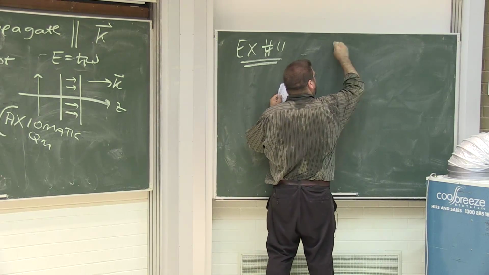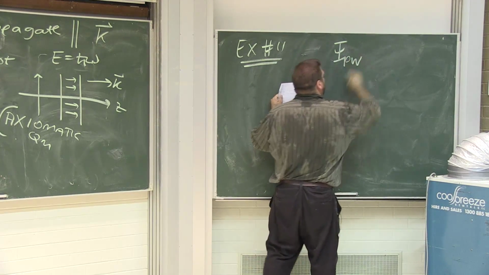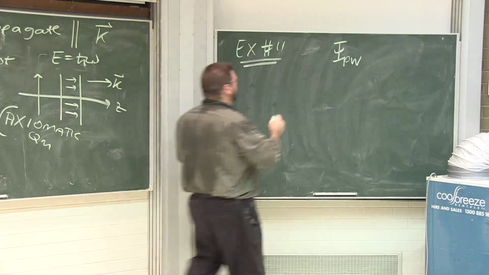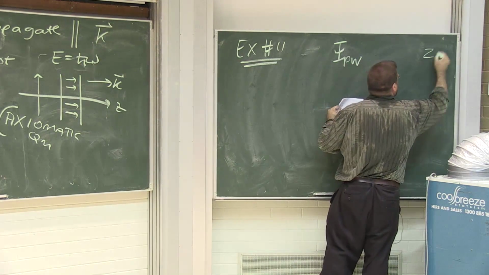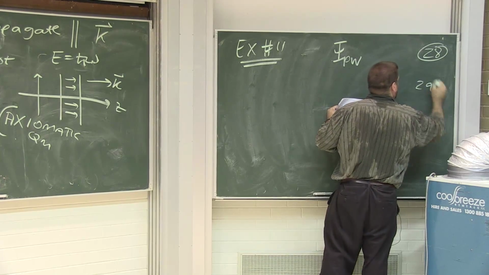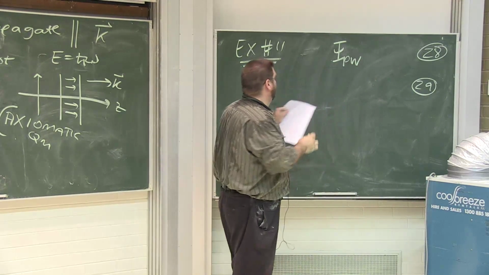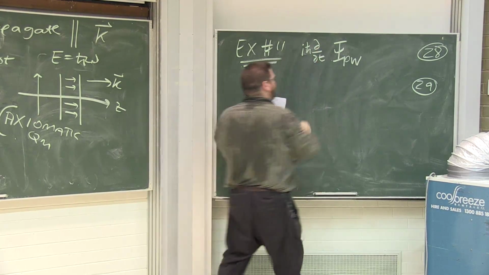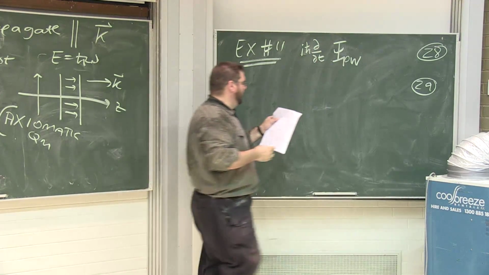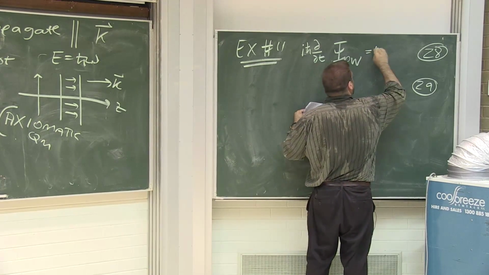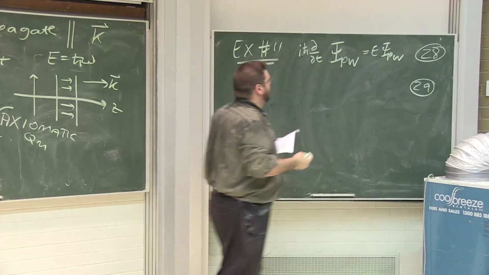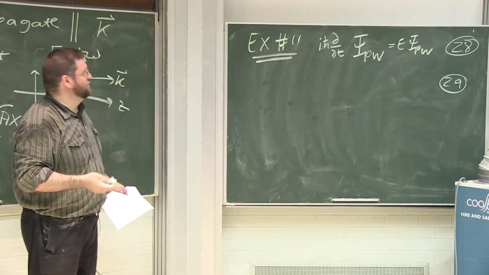Here is the wave function for a plane wave. It's a function of position and time, but I won't write that explicitly. In equation 28, we learned that if you take a plane wave and hit it with the operator iħ d by dt, what you get is the energy of the plane wave times the plane wave back again. Again, you'll recognise this as an eigenvalue equation.